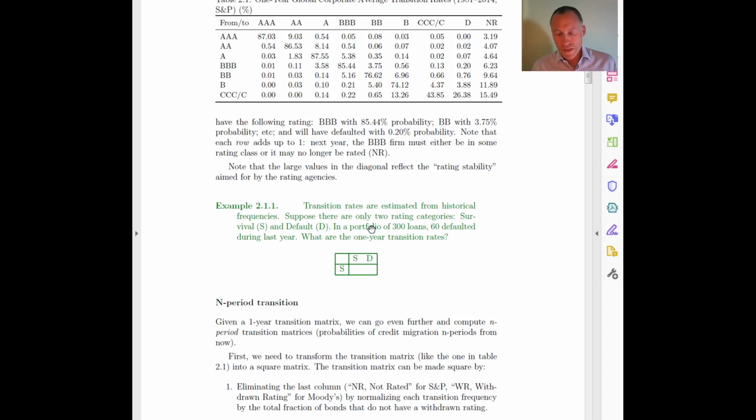Just by basically tabulating the transitions. So suppose that we start with 300 loans, and after 1 year we observe that 60 defaulted. So the transition probability would be: probability of default, 60 over 300; probability of survival, the remaining 240 over 300.